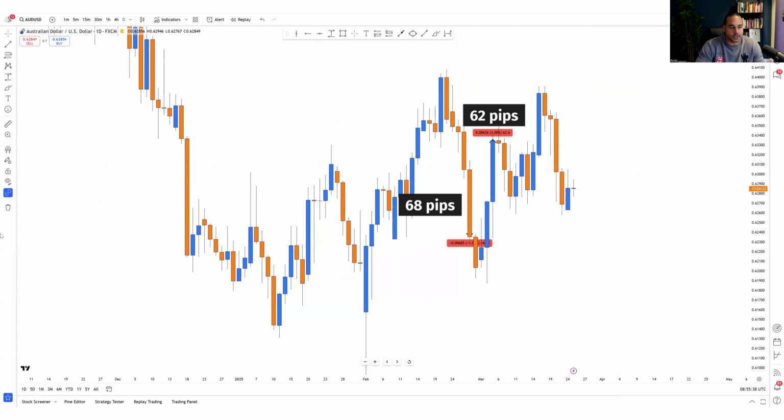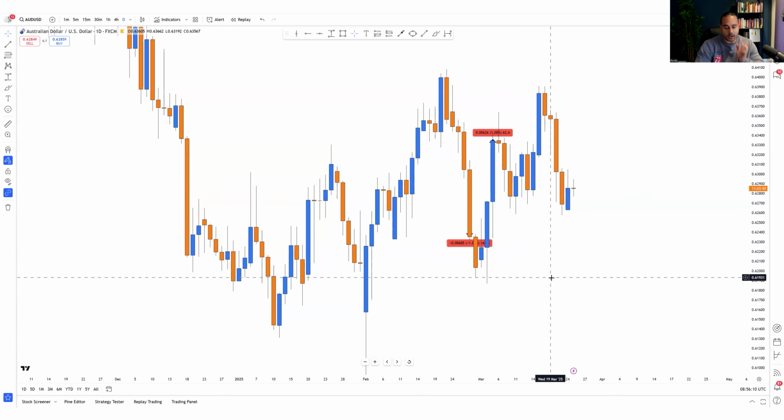If I trade with a 10 pip stop loss on a 68 pip range candle, and I'm going for a 2R target, which is 20 pips, then I have enough range. If I trade with a 15 pip stop loss on a 62 pip range daily candle and go for 1 to 3, I need 15 pips for my stop loss and 45 pips for my target. We clearly have enough range.